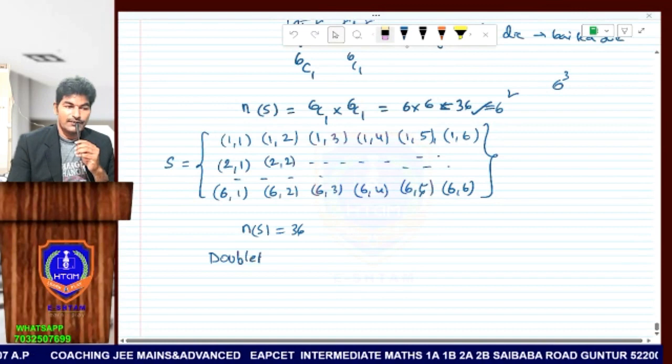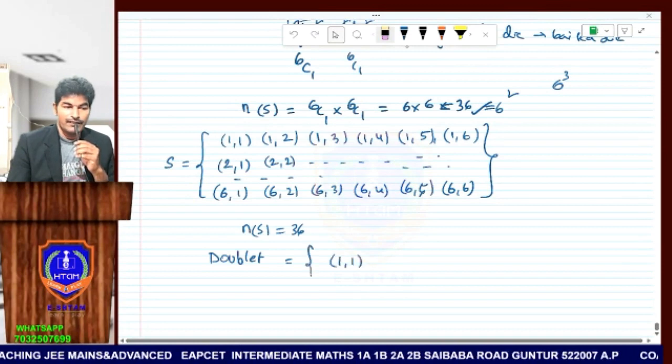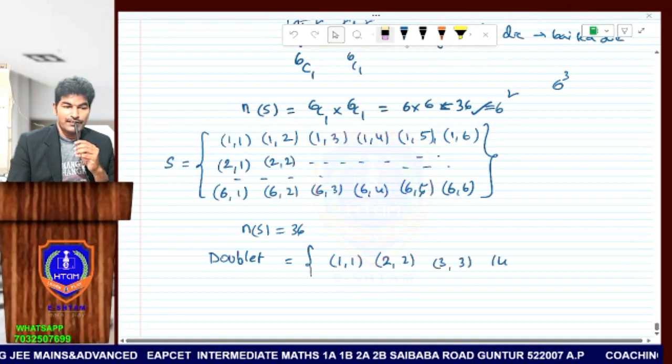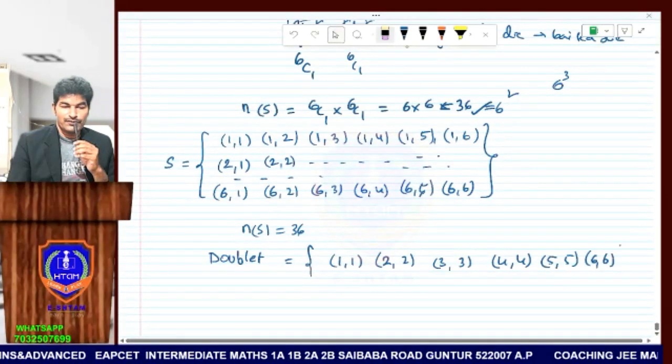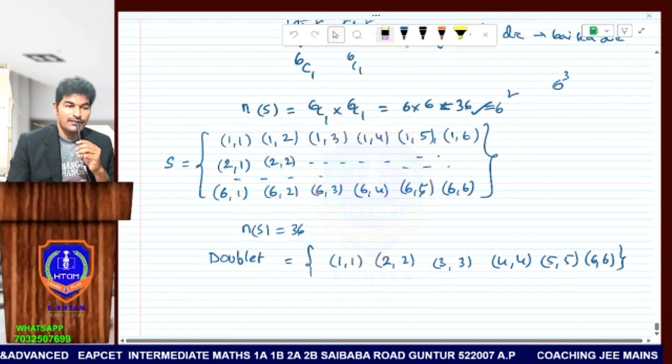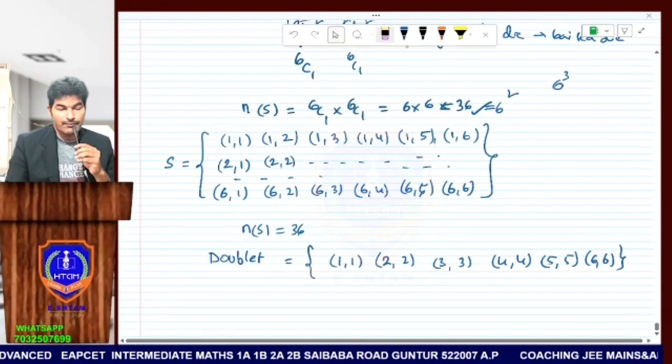These are the types of clues asked in questions. A doublet means same to same: 1 1, 2 2, 3 3, 4 4. That means both dice are showing the same event.